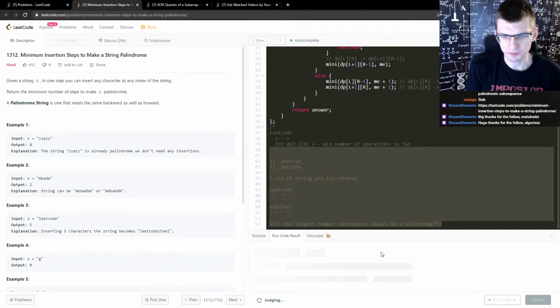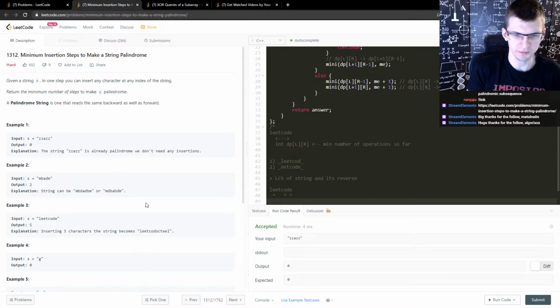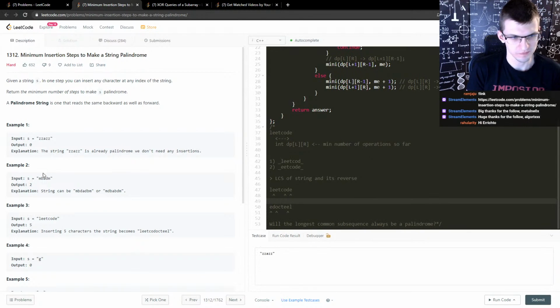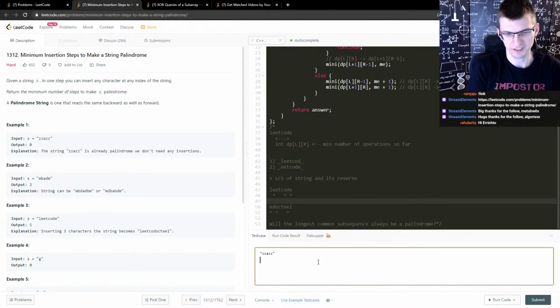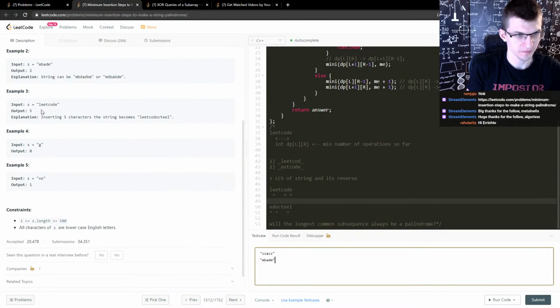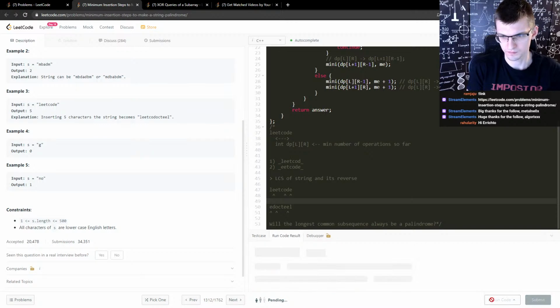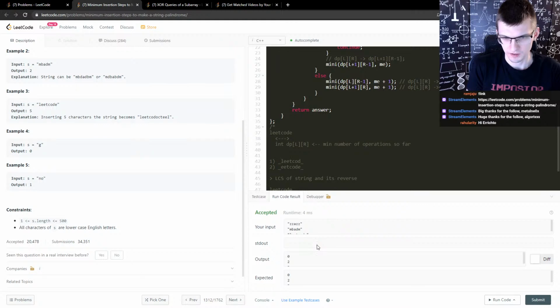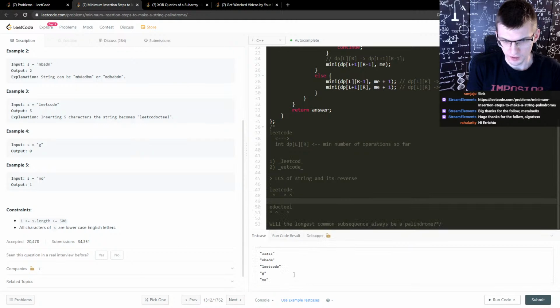This thing below, it makes sense. I can believe it, but it's not that I'm sure. Oh, there was a use example test case. 0, 2, and 5. 0, 2, and 5. All right. Oh, nice.